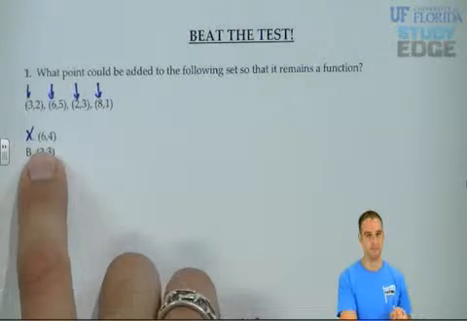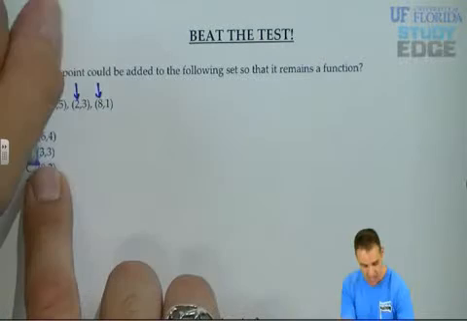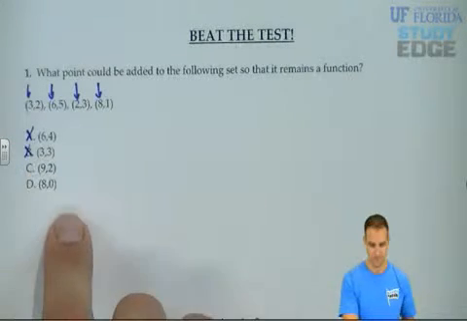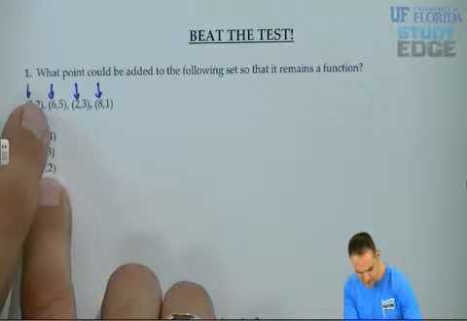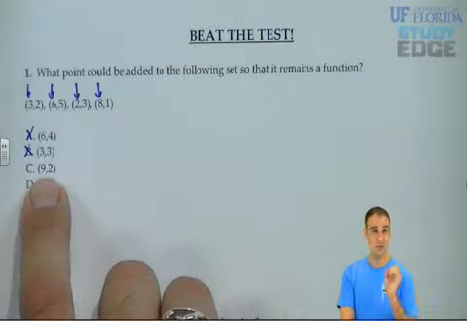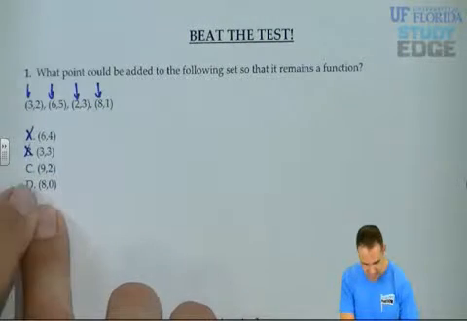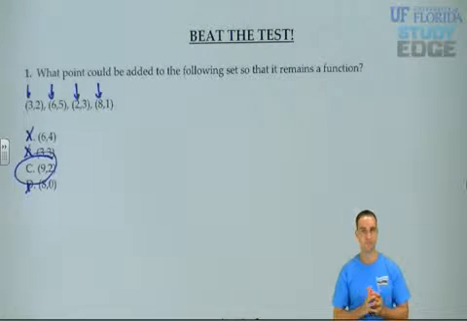It can't be A. B has an x coordinate of 3. We already have a 3. It cannot be B. C, the x coordinate is 9. 3, 6, 2, 8. It's different. This is probably the answer, but let's check one more. D, 8, we already have 8, and the answer is C.